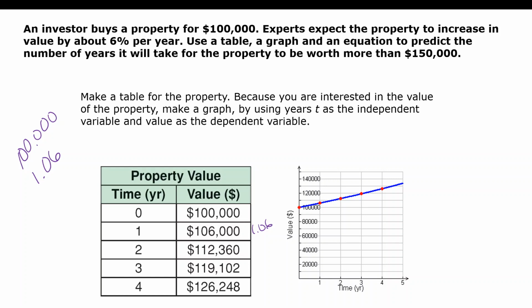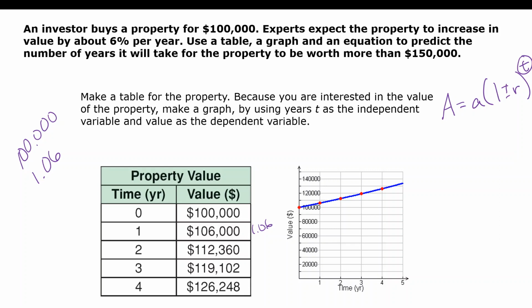So let's think about the formula for interest. Remember, we had a formula that said A equals A1 plus or minus the rate, raised to the time. Notice that's going to be an exponential because the variable is an exponent. That's my first clue as to what kind of equation I'm going to need.